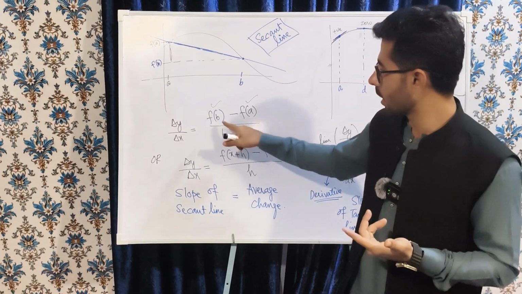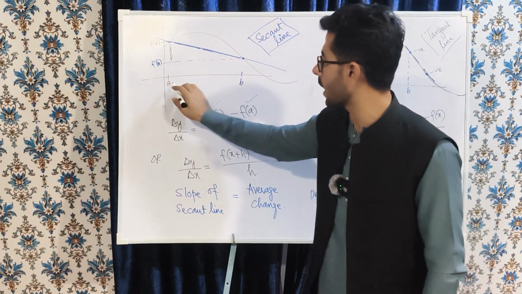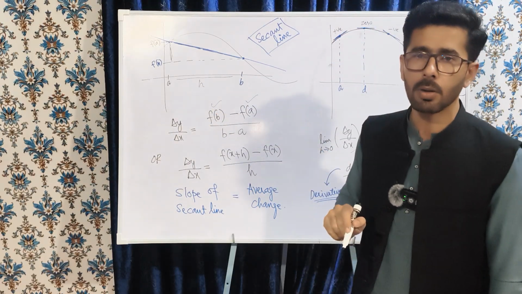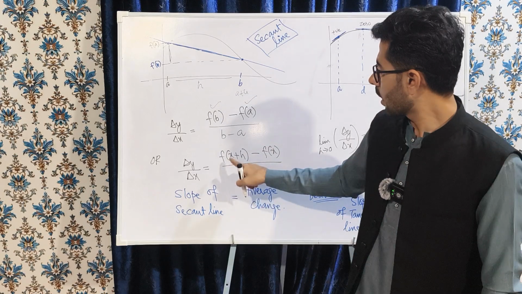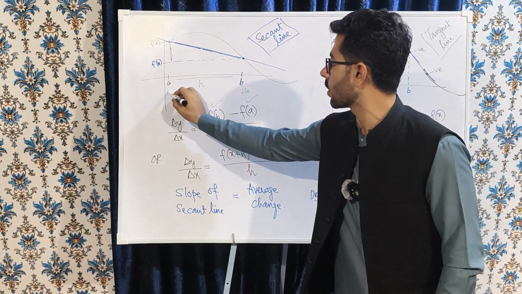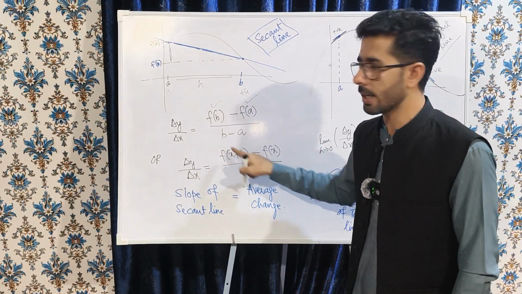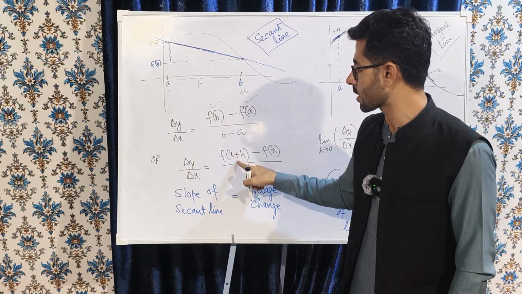If we look at it, we can also call this b location as follows: you take a location and you go some gap h and then you get the b location. So b location can also be called a plus h, or x plus h if a is my x value. So if I'm studying this at x first, and then I take some gap, the next location would be x plus h.